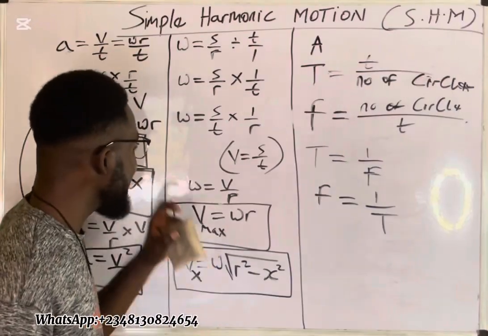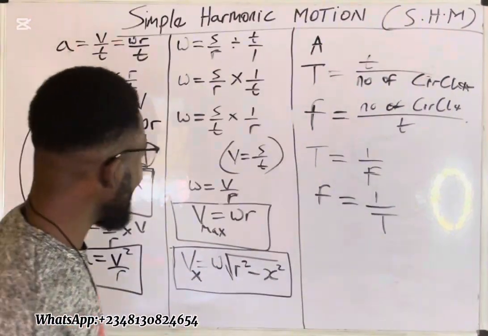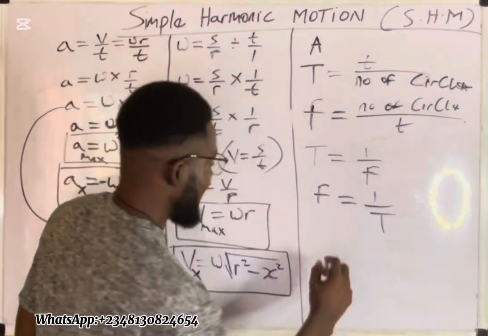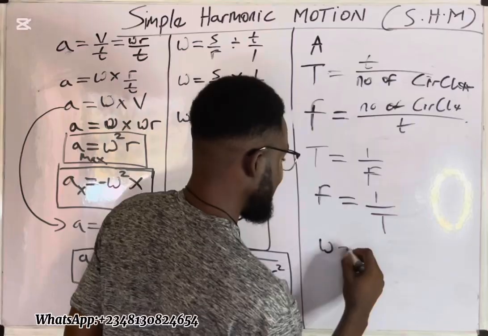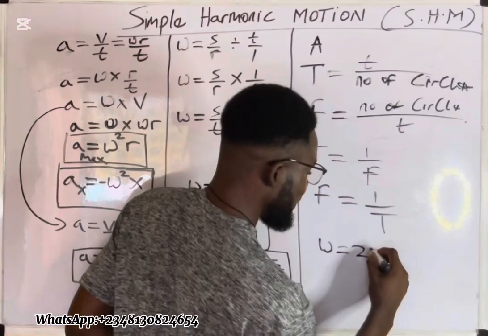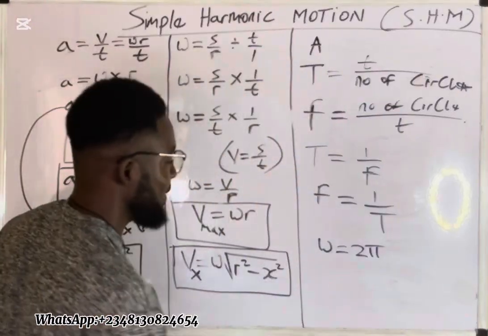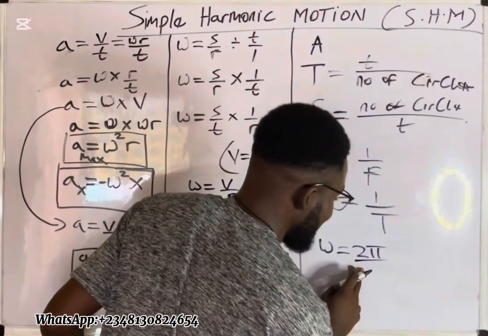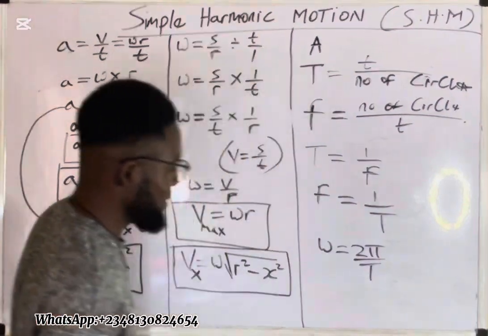And from this concept, we can say that angular speed is equal to what? 2 pi over what? The time taken is what? T, that's period.